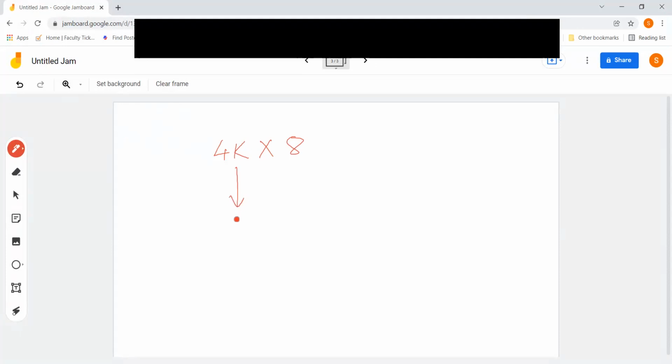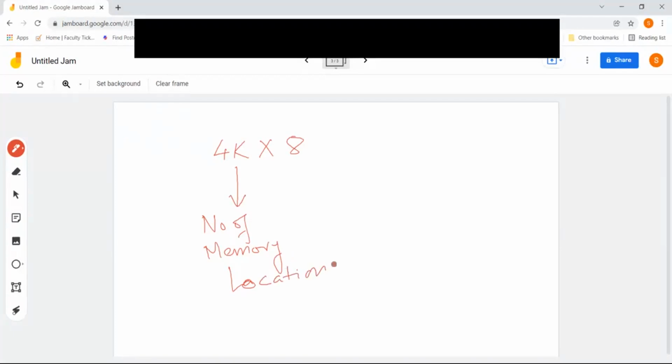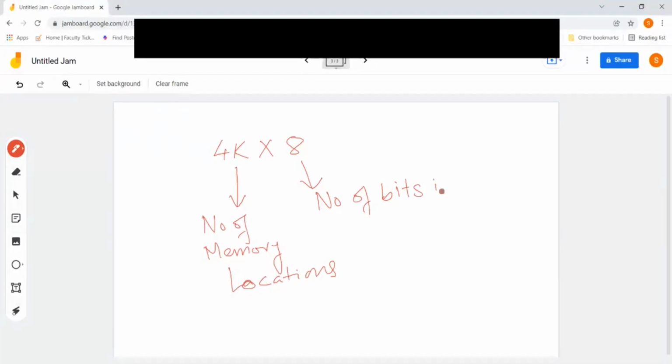Just understand the first part. The first part represents the number of memory locations, and the second part represents the number of bits in one particular location.